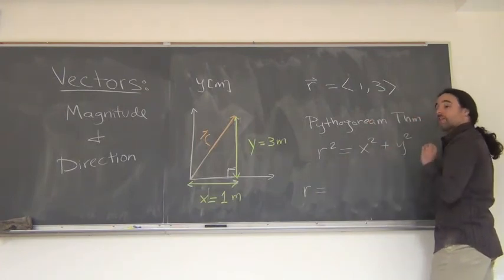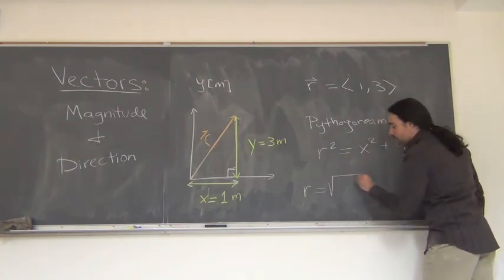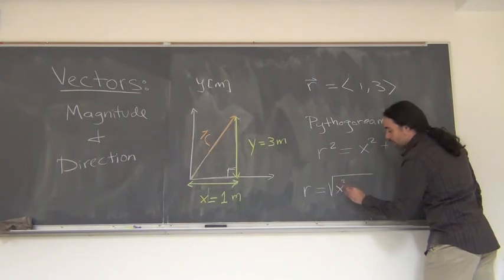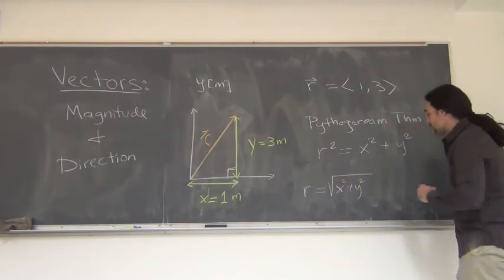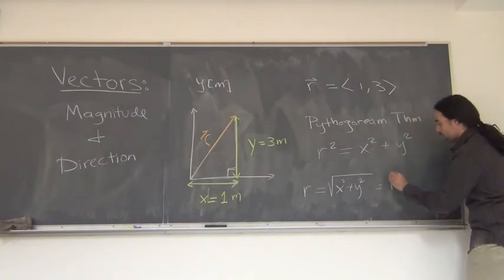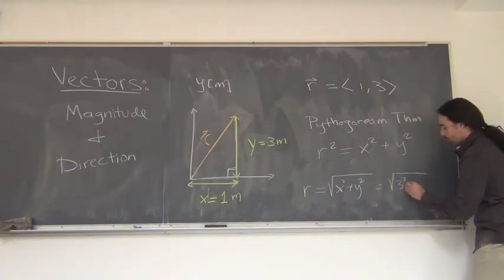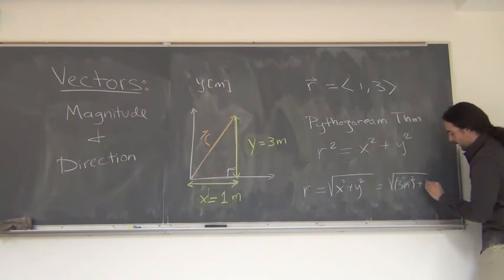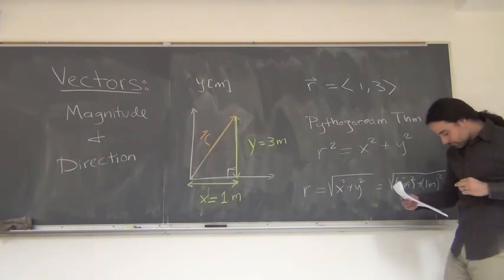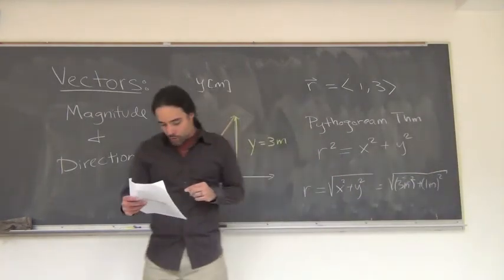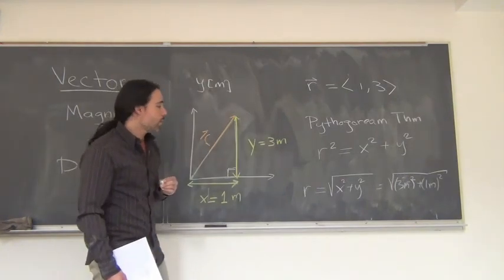r, I can get by taking the square root of both sides. So that's going to be the square root of x squared plus y squared. And in this particular example, that would be the square root of 3 meters squared, I've got to put my units in here, plus 1 meter squared, which you can work out easily enough.